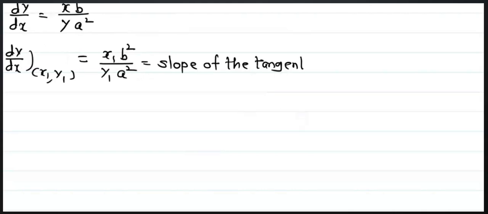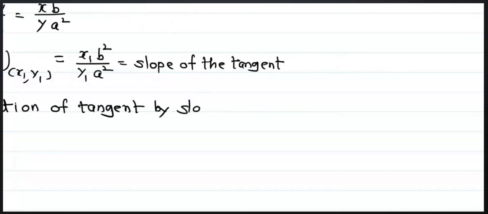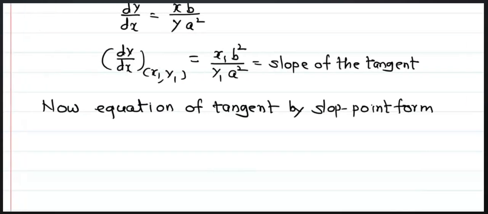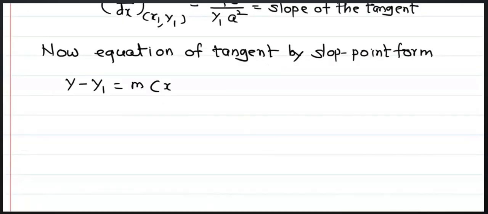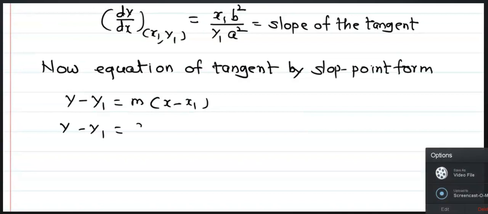This is the slope of the tangent at the point x1 y1 to the given curve. Now the equation of the tangent by the slope point form, that is y minus y1 is equal to m in bracket x minus x1.